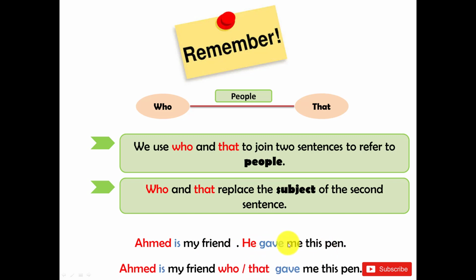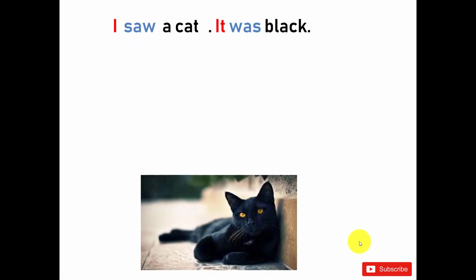So what happened here? We have Ahmed is my friend who or that gave me this pen. As we said, who and that replace the subject of the second sentence. This is the second sentence and this is the subject of the second sentence. Clear?